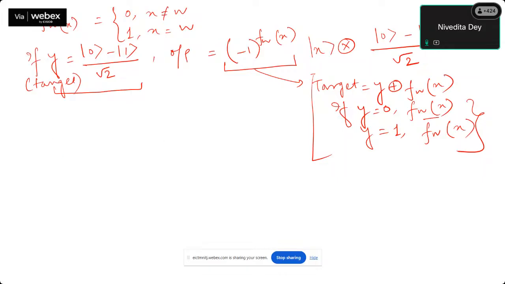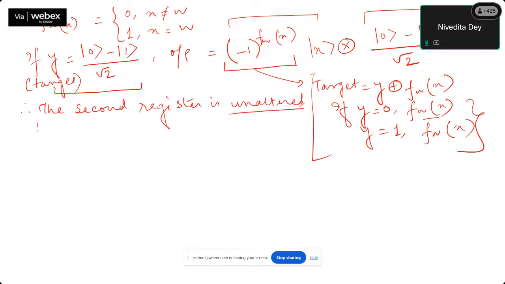Now, see, this is the first register, this is the second register. How can I claim that? Because the tensor product is not commutative. So in the output, the first half before the tensor is the first register, the second one is the second register. So the second register, you can see, is unaltered.